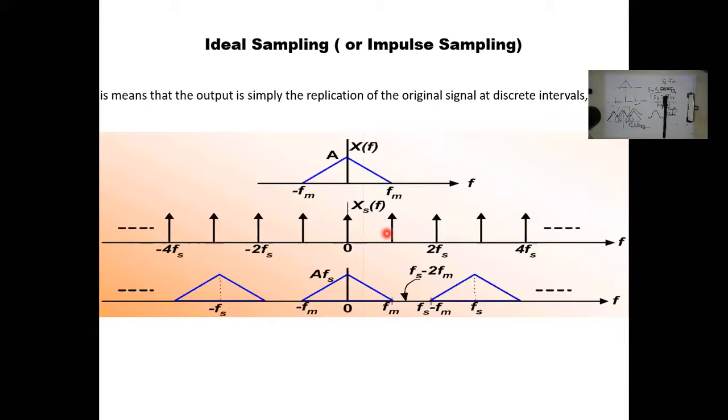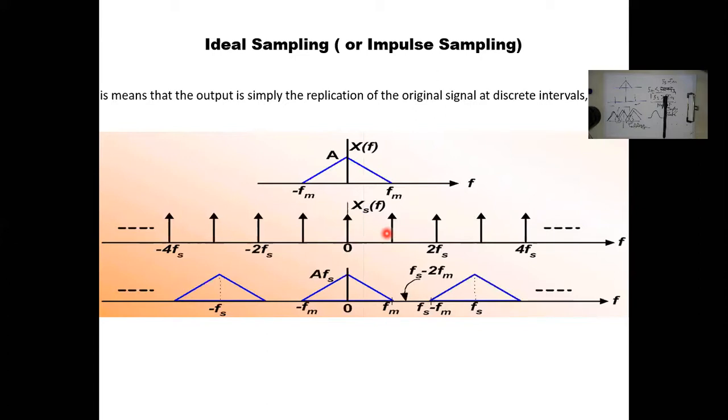So this model describes the conceptual part of sampling. Whenever you are doing a real sampling process, you can never generate a train of impulses, so you have to generate real signals with real bandwidths, which are not equal to 0.